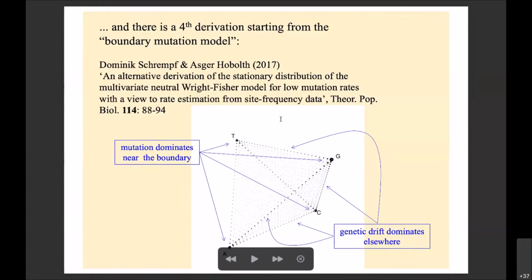They took my first solution, before Bob and I worked on it, and they managed to attack the problem with their boundary mutation model, where the mutation dominates at the boundaries, and if you're inside the simplex, then you're only looking at genetic drift, and you actually come out with the same solution once again. So we've got more ways of deriving this sampling distribution than we know what to do with.